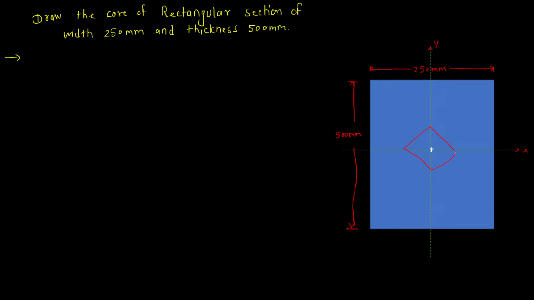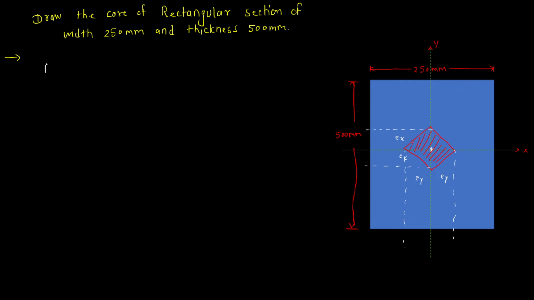So this is the core. Now I will give the dimensions here. Whatever the dimensions are given, that I will give. So this distance is ex. Similarly, these two distances are ey.